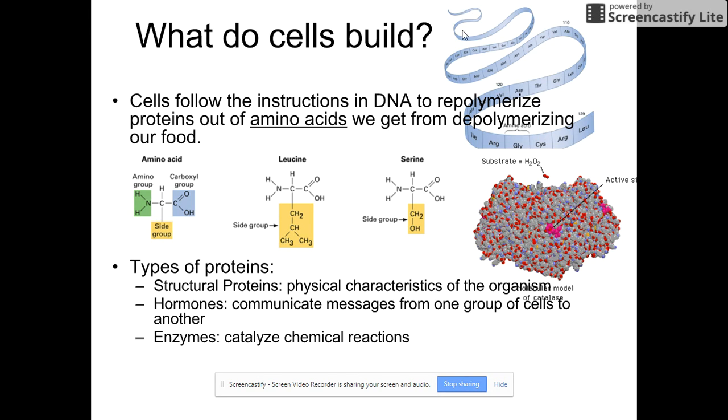And so what is really a long polymer could fold up in all sorts of crazy ways, depending on what amino acid is placed where. Of course, what amino acid is placed where is based in DNA. But the shape of proteins essentially is based on the sequence of amino acids and their functional groups or their side groups. Now, there are three types of proteins.